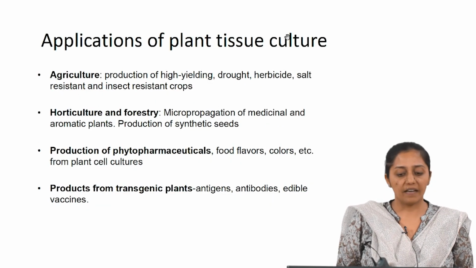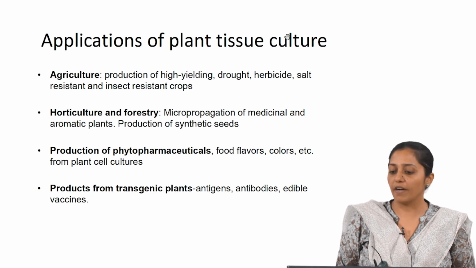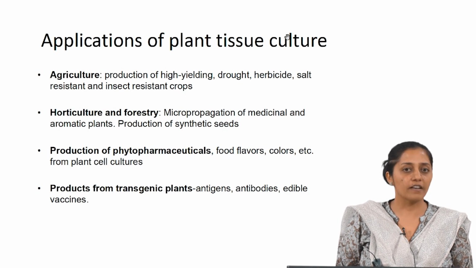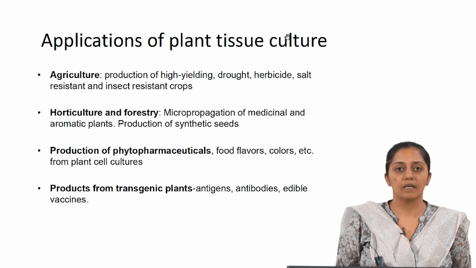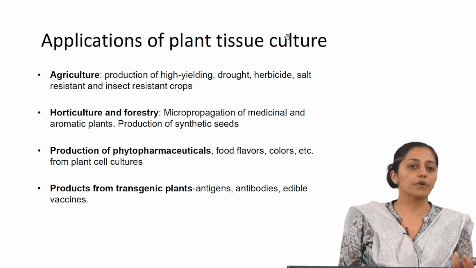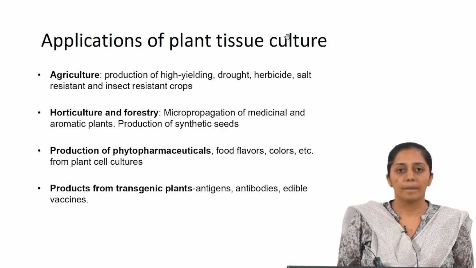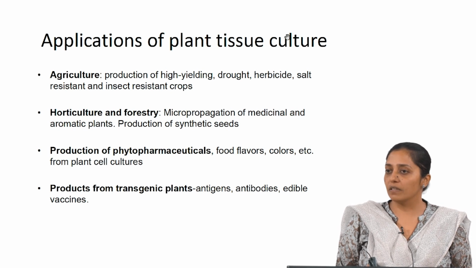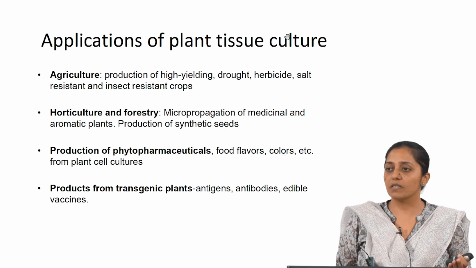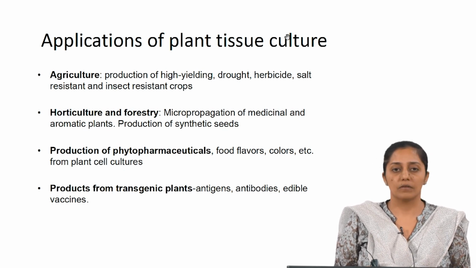Applications. In agriculture, in what way? Production of higher yielding or drought resistant or herbicide resistant or salt resistant species of crops. Then horticulture and forestry, if you want to do micropropagation or produce synthetic seeds. Then in production of phytopharmaceuticals, callus, cell suspension cultures or hairy root cultures, which is organ culture, come into play.